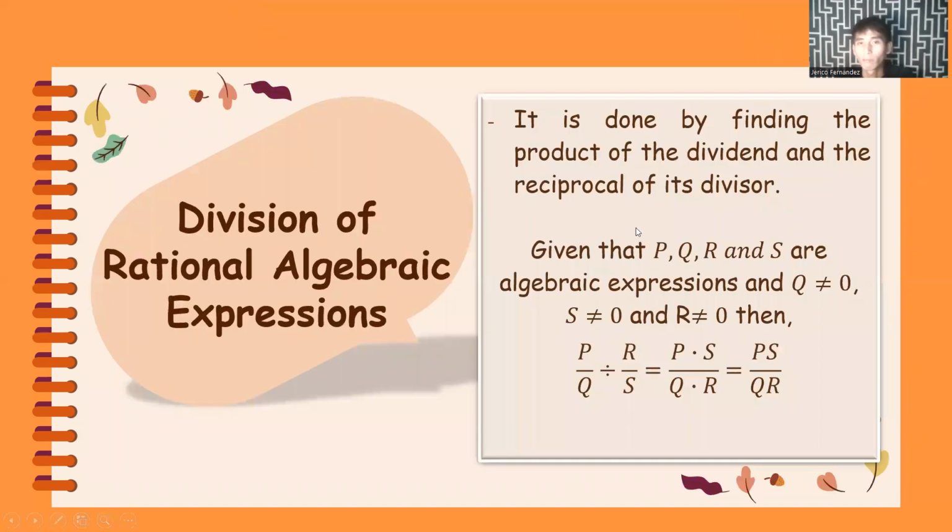So division. So finding the product of the dividend and the reciprocal of its divisor. So just like this, as you can see, P over Q divided by R over S became P over Q times S over R. We get the reciprocal of the divisor or the second expression, and then we proceed to multiplication.